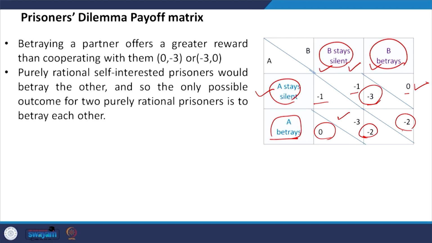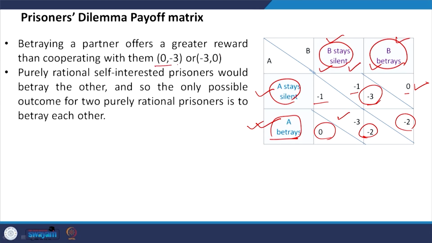Now let us explain that betraying a partner obviously offers a greater reward than cooperating with each other. How do you find it? If you are betraying a partner, that means A is betraying and B is also betraying. So what is the matrix you are finding?